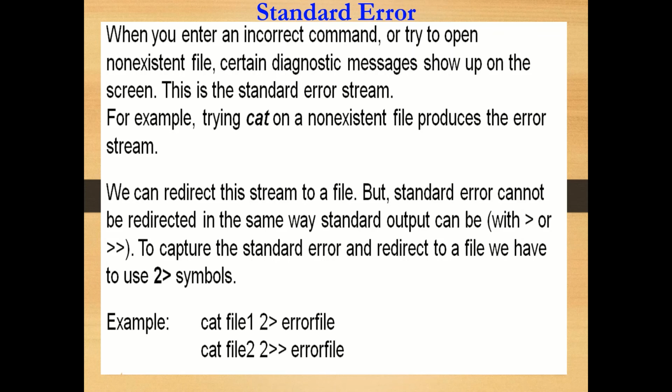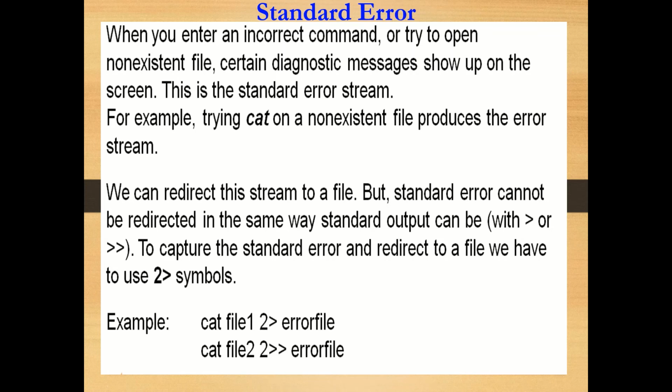We can redirect the stream to a file, but standard error cannot be redirected in the same way as standard output can be, with one greater than symbol or two greater than symbols. To capture standard error and redirect it to a file, we use the digit 2 greater than with the corresponding file.